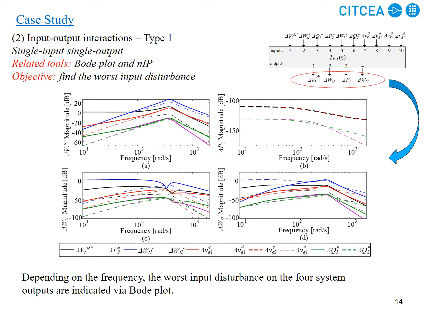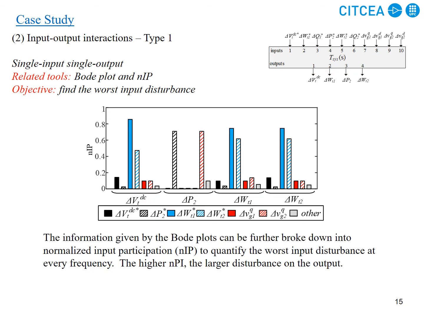So we can find which input can cause the largest effect on this transient on the output. At each frequency, we can have such a graph. It is normalized input participation. So, for example, this is at a frequency of around 350, 370 radian per second.